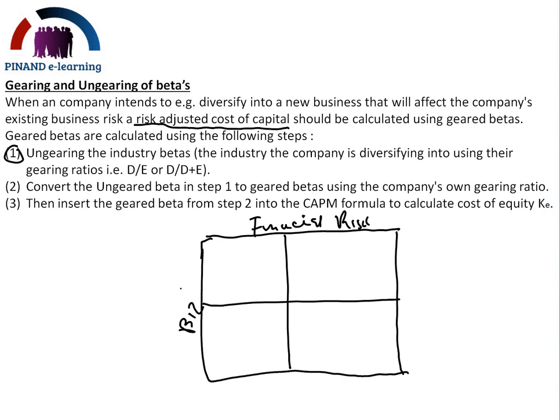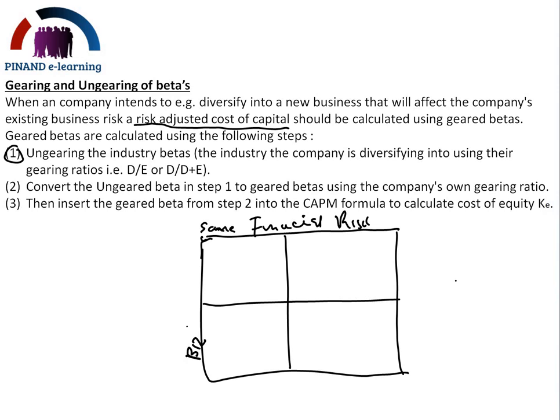Let me push this one back a little bit so I can have space there.